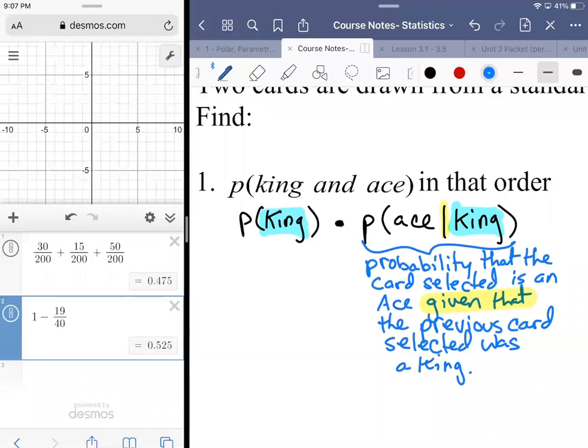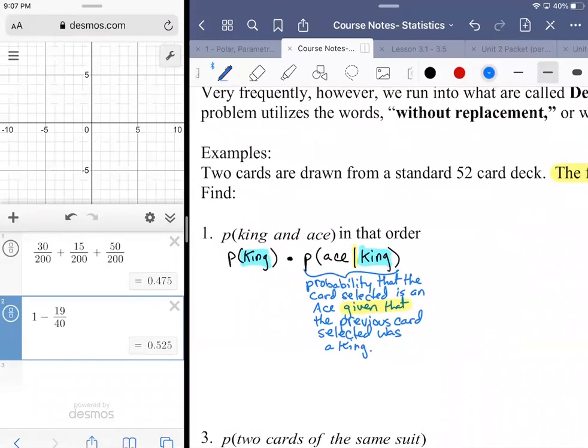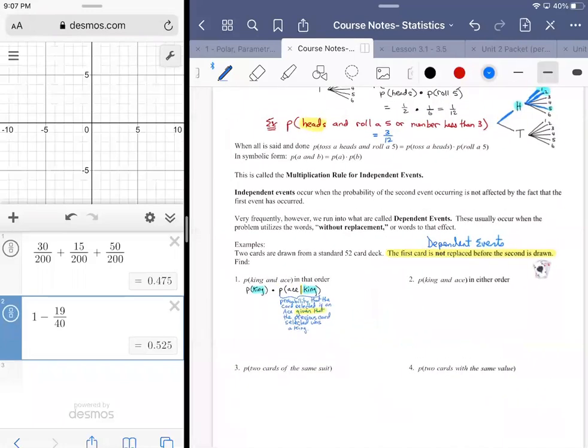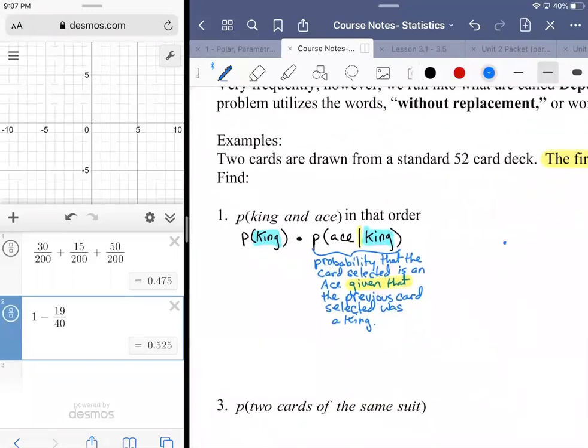We're assuming that the card that we intended to get on our first trial, we actually got. So if I said find the probability of getting a 2 and then a 3, I would always assume that the first card I selected was a 2, like I actually got the 2. And then now I'd be asking, all right, now what is the probability of getting a 3, knowing that piece of information?